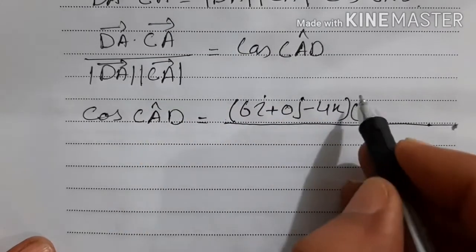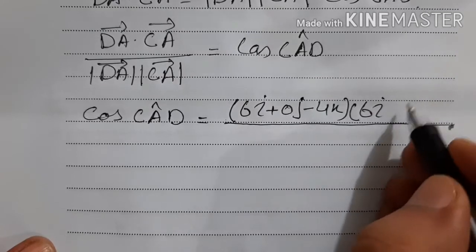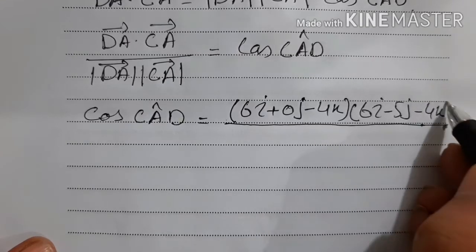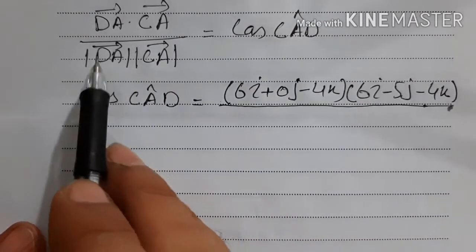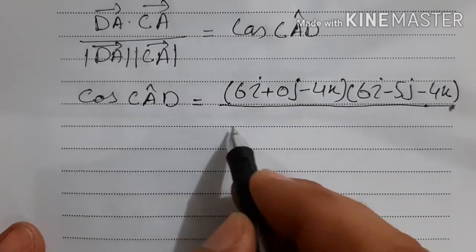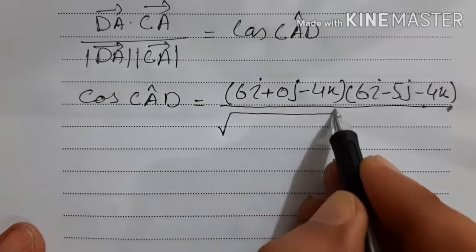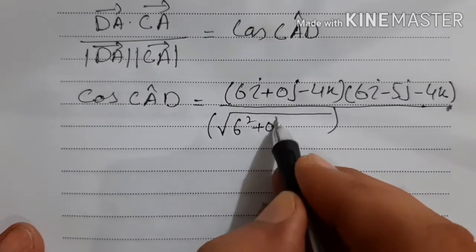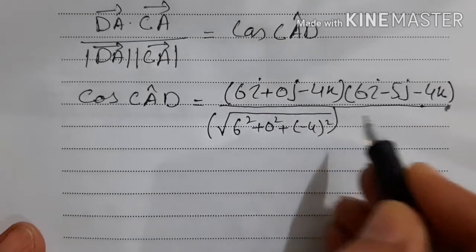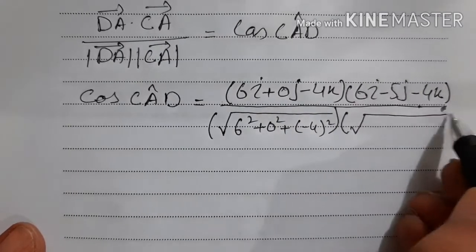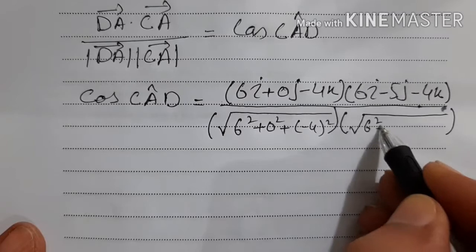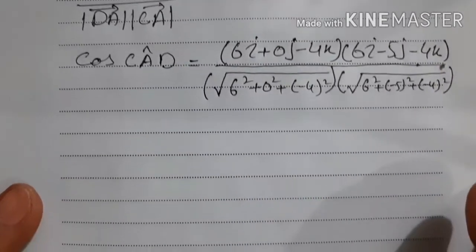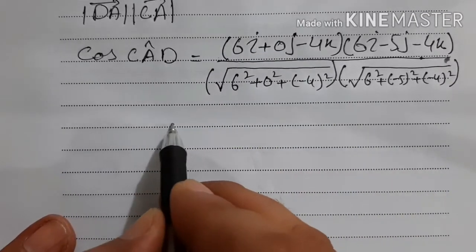And the CA vector is 6i minus 5j minus 4k, over the magnitude of DA. This will be the square root of 6 squared plus 0 squared plus minus 4 squared, times the magnitude of CA, the square root of 6 squared plus minus 5 squared plus minus 4 squared.